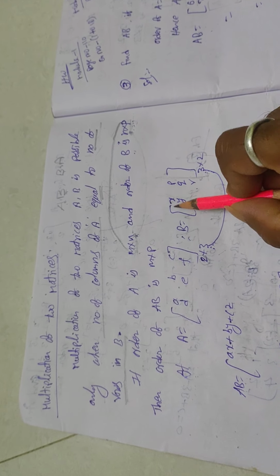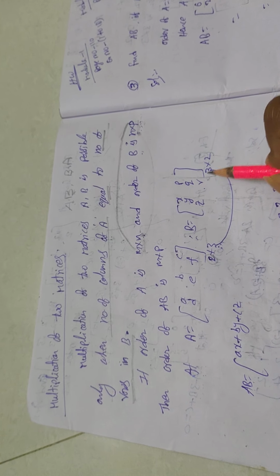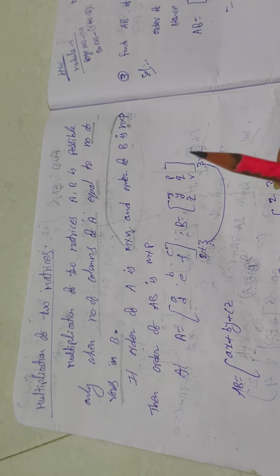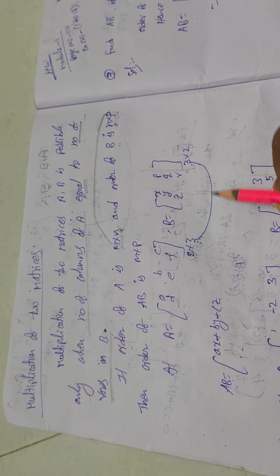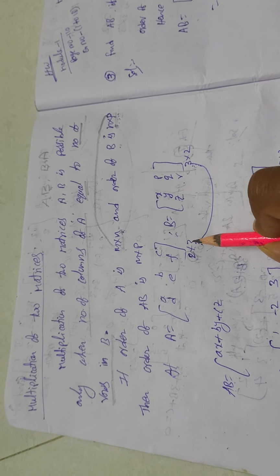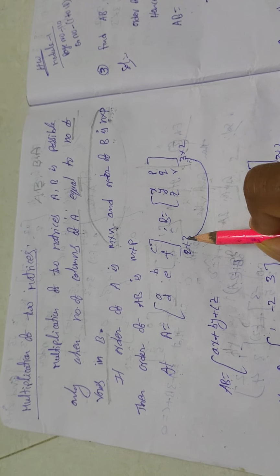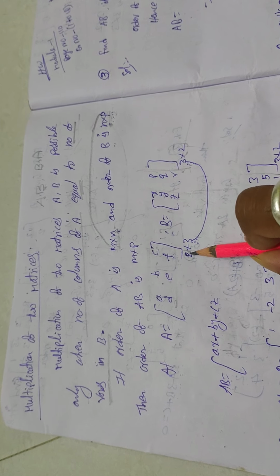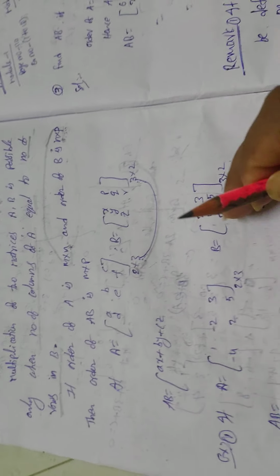For B, the number of rows is 3 and the number of columns is 2, so it is 3 by 2. Now, is A into B possible or not? Check: the number of columns in A is equal to the number of rows in B, so it is possible. And the resulting matrix order is 2 by 2.